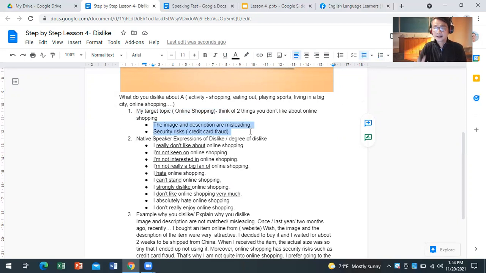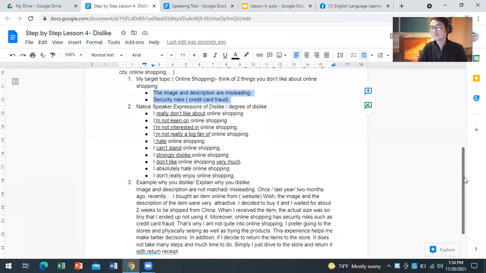Now, when you have two things that you don't like, you pretty much answer the question, but in order to make your answer more interesting, you need to use these expressions from native speakers.